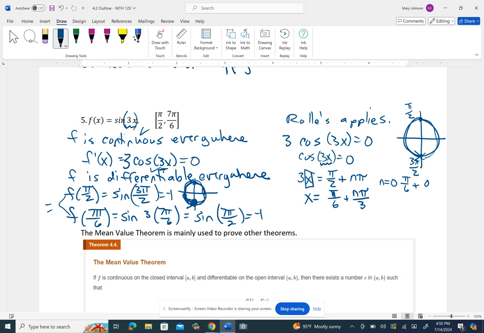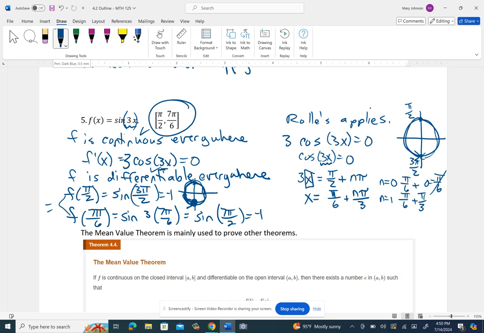which would be pi over 6. All right, now look at your interval you're working in. Okay, that's going to be the c value. If we let n equal 1, we'd have pi over 6 plus 1 pi over 3. That's pi over 6 plus pi over 3.